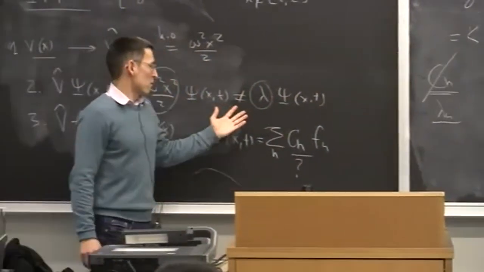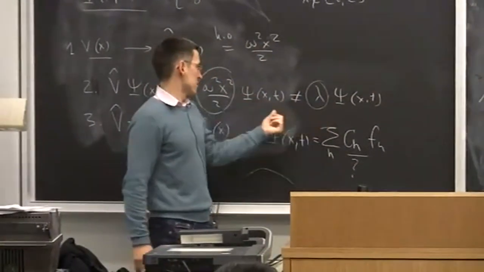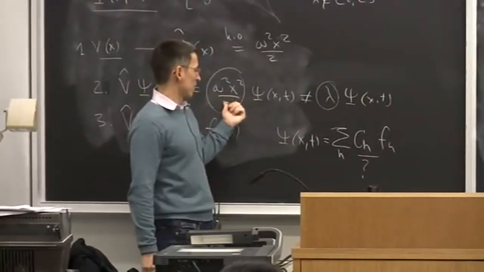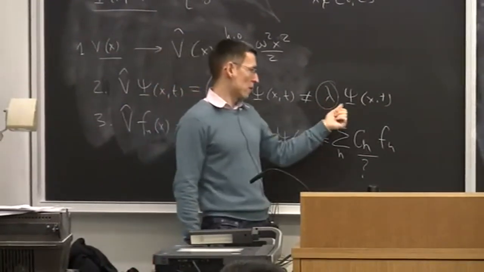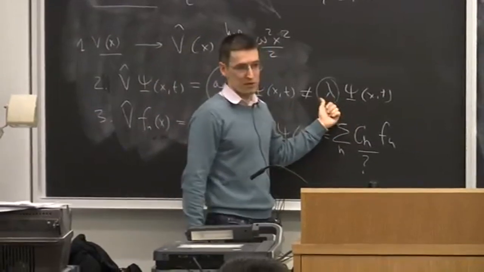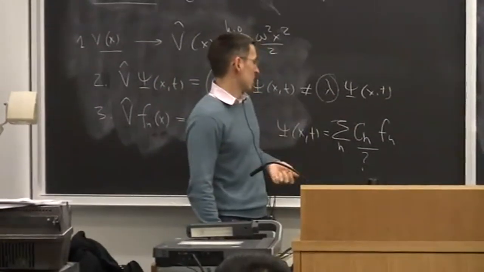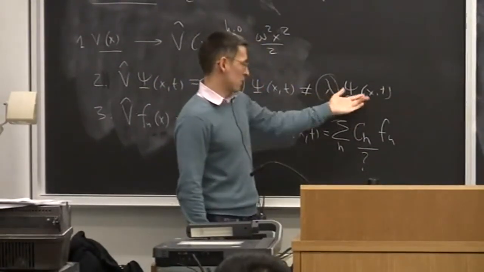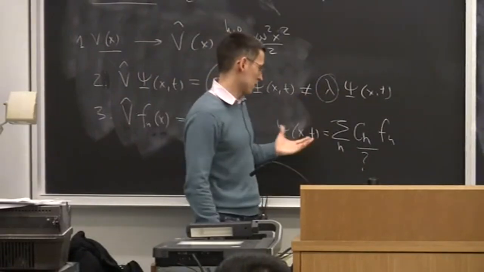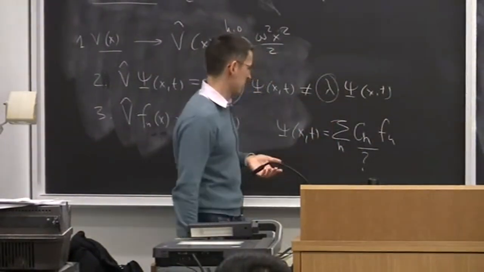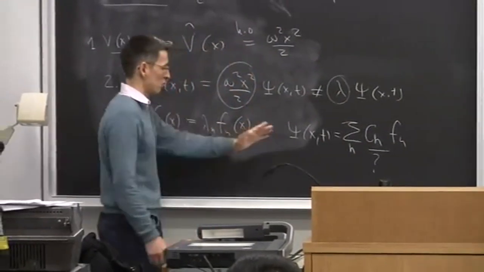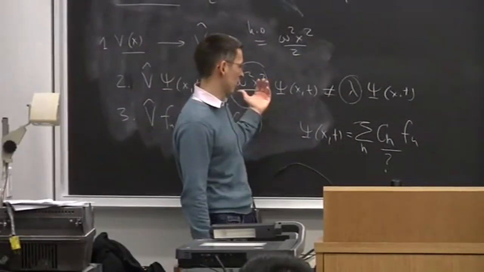The other possible outcome of this check is that when you operate with the operator on the wave function, you get a number times the wave function, then that number is the result of the measurement. But this situation can also be considered as a subcase of what we are considering now, the situation where the wave function is not an eigenfunction of the operator.